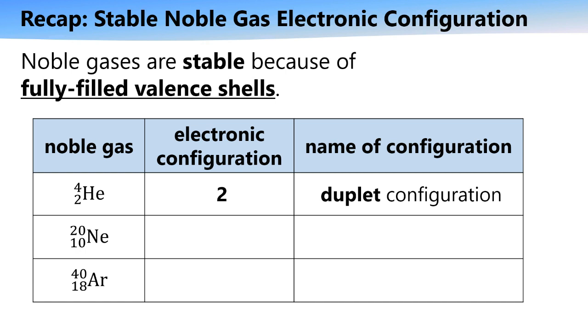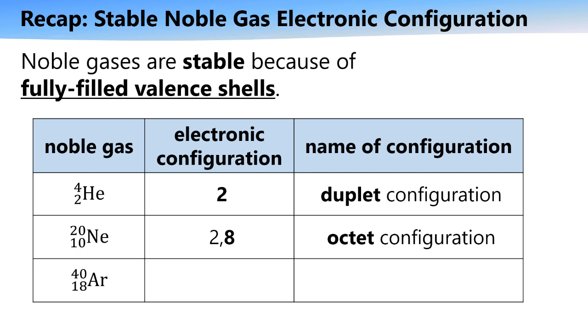For neon, there are 10 electrons total. So how do we arrange 10 electrons? That would be 2, 8. And since the valence shell has 8 electrons, or we have 8 valence electrons, we call that an octet configuration.